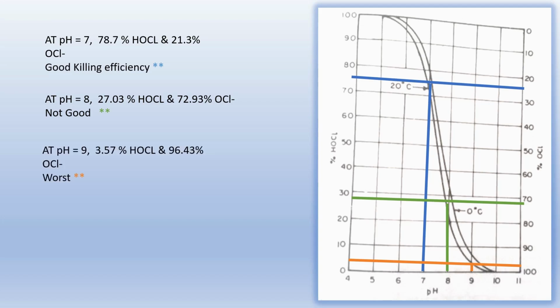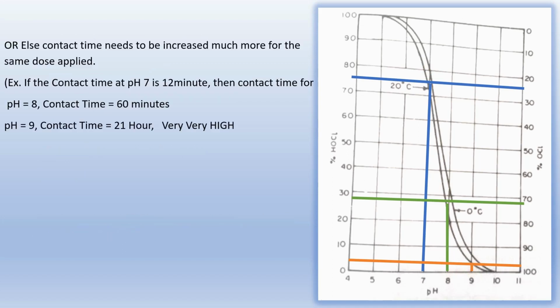And at pH 9, almost all of the HOCl will remain as OCl-, which is 96.43%, which is very bad. We can see that in the graph as well, in the case of 7, 8 and 9. This shows that the pH highly affects the HOCl and hence the disinfection efficiency.